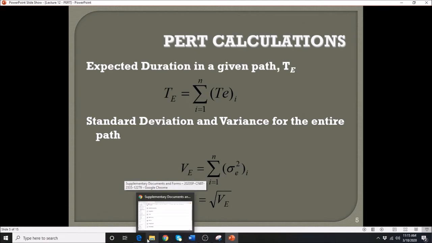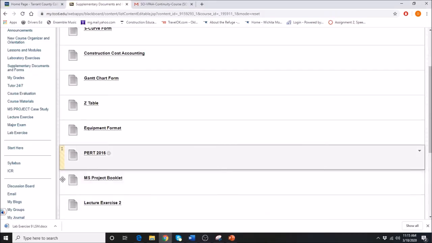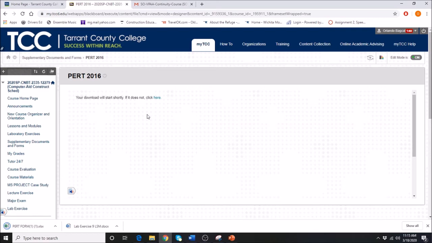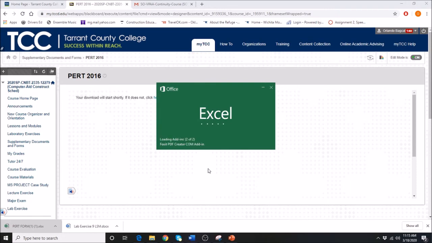And by the way, on the handout that I gave you, I asked you to download this one here, the PERT format. You just need to click and download it. For that particular format, you just plug in values and it will automatically calculate the other columns that we will be needing, such as the T small e, the standard deviation of each activity, and the variance.